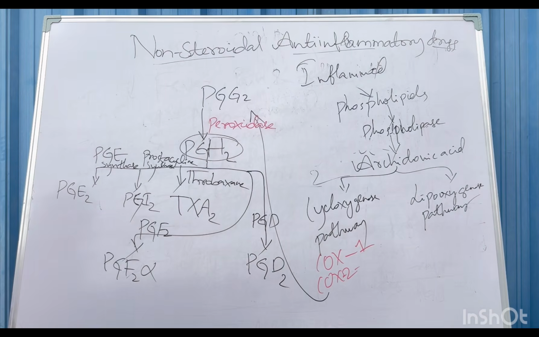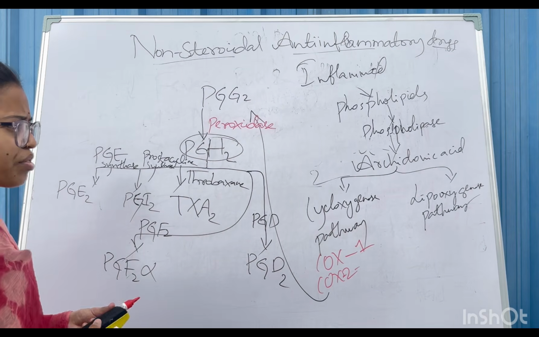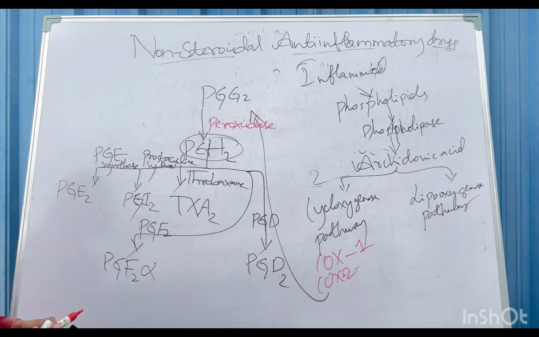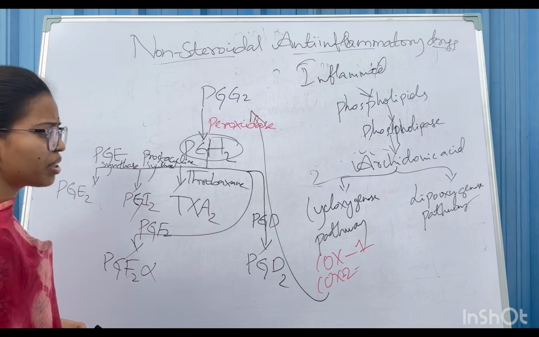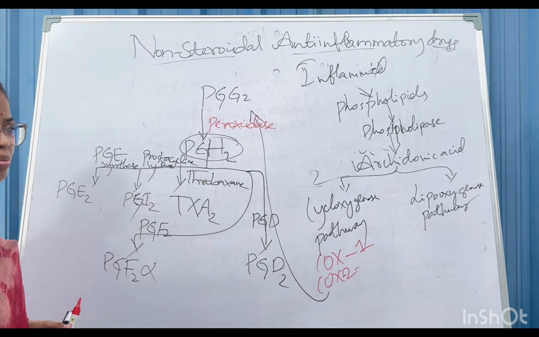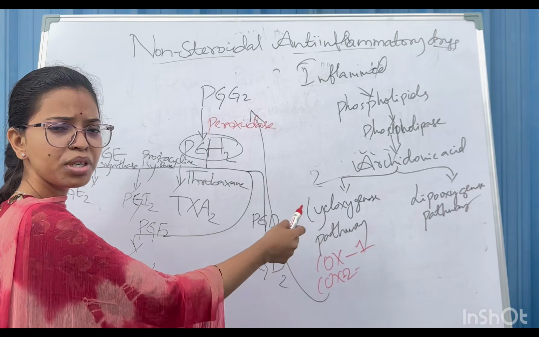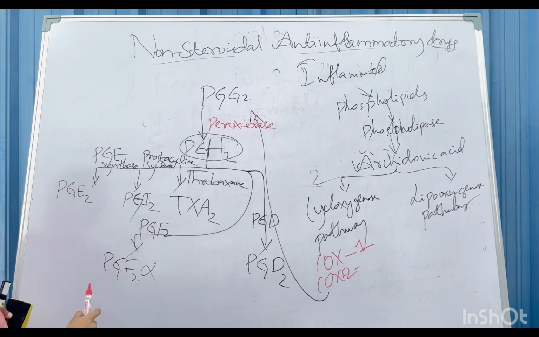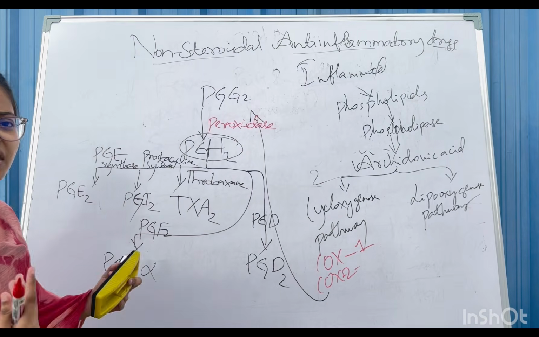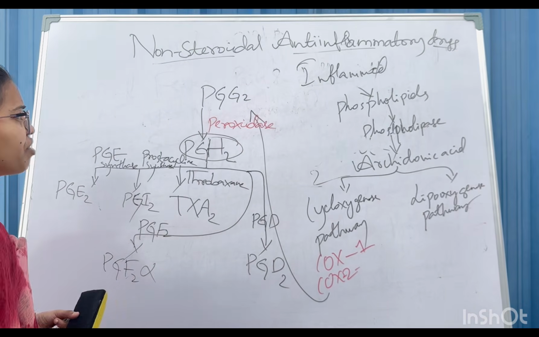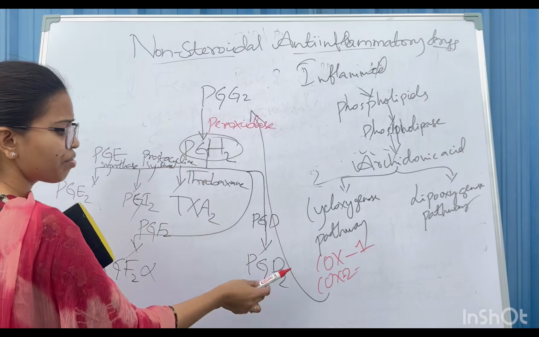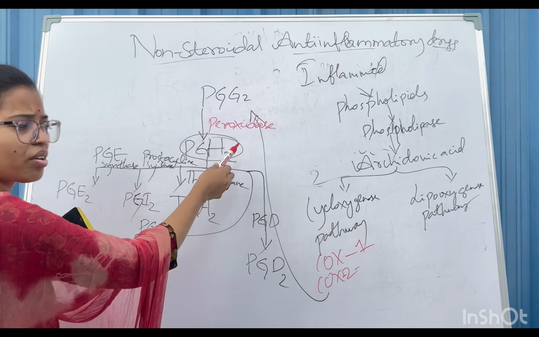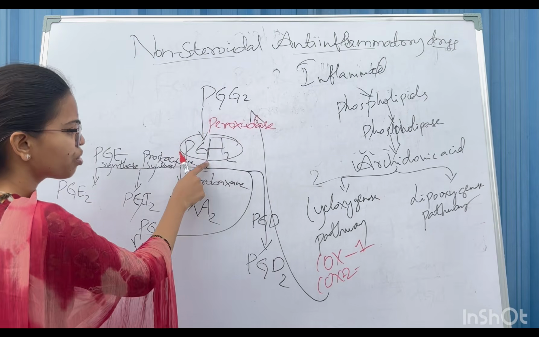I explained the formation of all these compounds: they all form from the cyclooxygenase pathway. From the cyclooxygenase pathway, COX-1 and COX-2 are formed, and COX-2 leads to the production of the different types of prostaglandins. From PGG₂, in the presence of peroxidase, PGH₂ is formed.